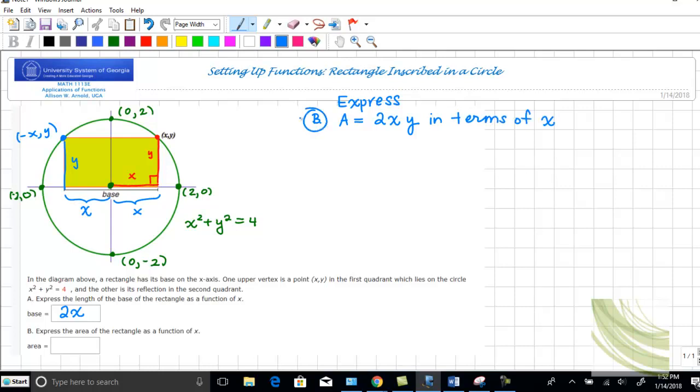Okay, and what we know in order to relate x and y to each other is that we know that (x, y) is on the circle, x squared plus y squared equals 4. And it's also in the first quadrant, so it's on the top half of the circle.